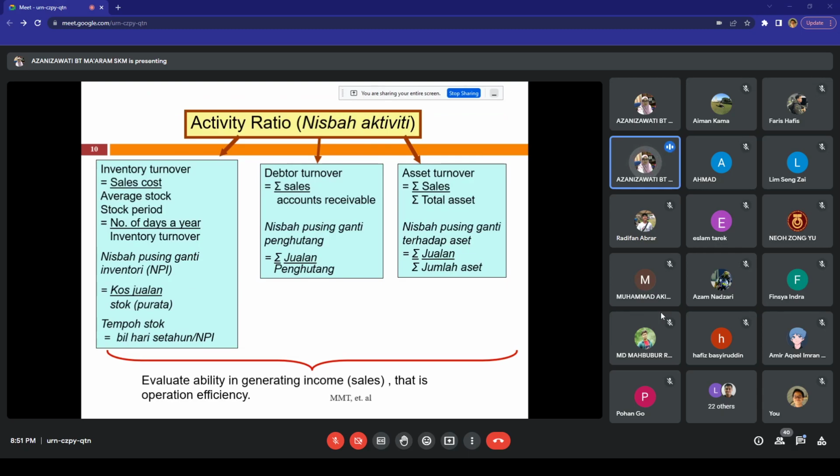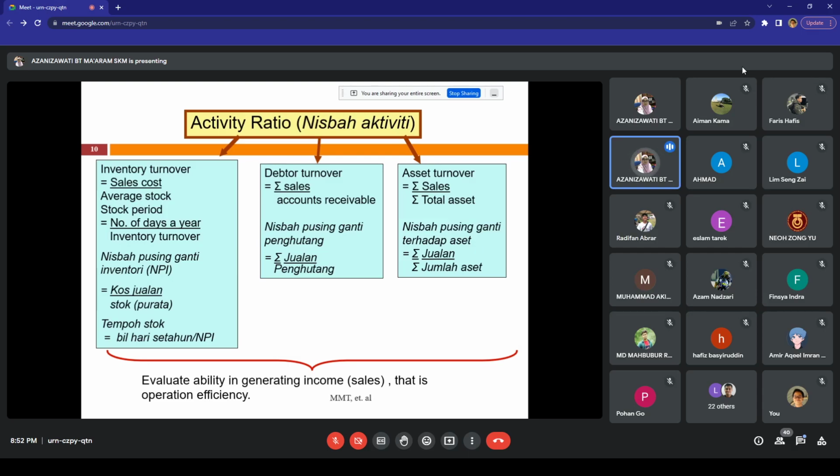Okay, so the activity ratio is inventory turnover, where sales cost is divided by average stock. Stock period equals the number of days in a year divided by inventory turnover. Or debtor turnover, where total sales is divided by account receivable, and asset turnover, total sales divided by total asset.